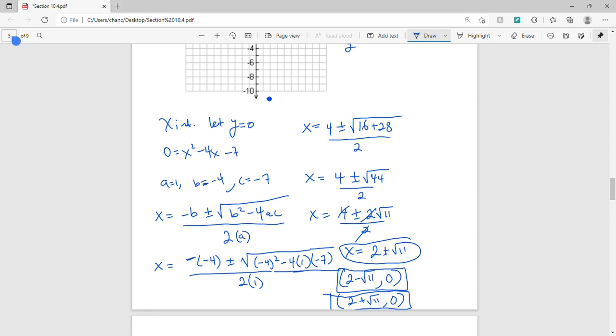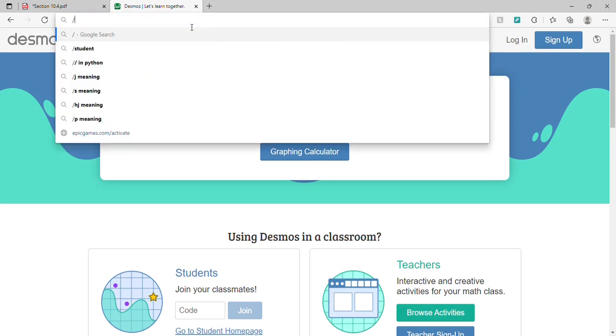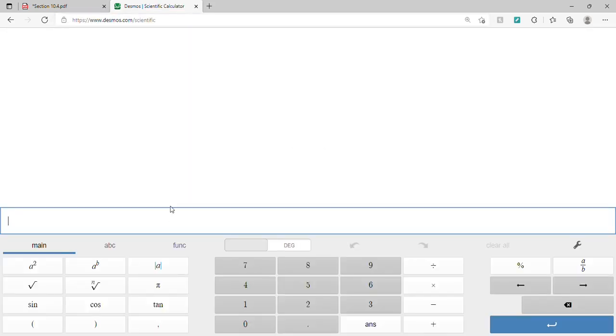But I can plug these into a calculator and we can simplify this. Let's use our calculator here. I'm going to go to desmos.com/scientific, and then we'll enter into the calculator 2 plus the square root of 11, and that gives us about 5.3.